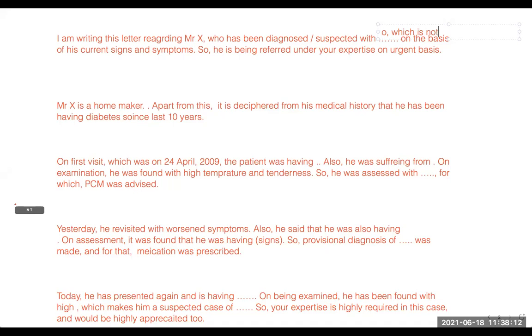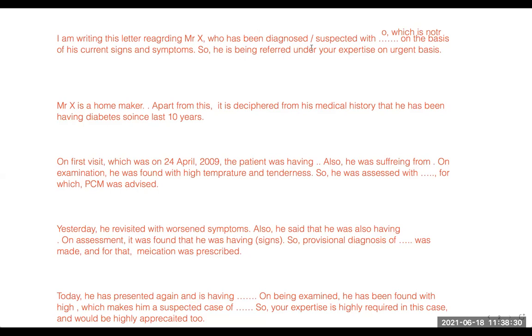So which is the word that you will add, which is not responding to anti-inflammatory medication on the basis of his current signs and symptoms. Please do not forget on the basis of signs and symptoms. So he is being referred under your expertise on an urgent basis.